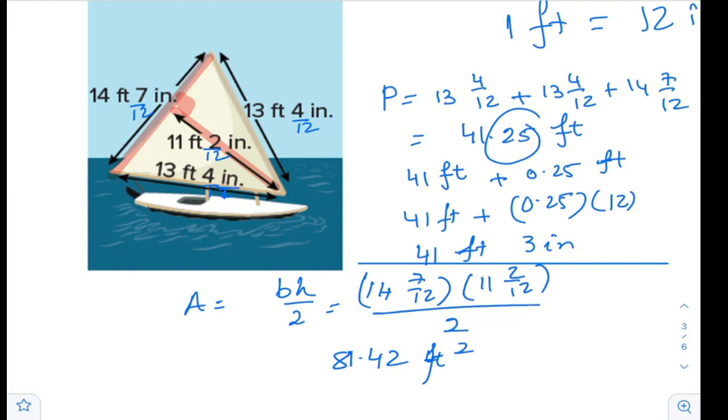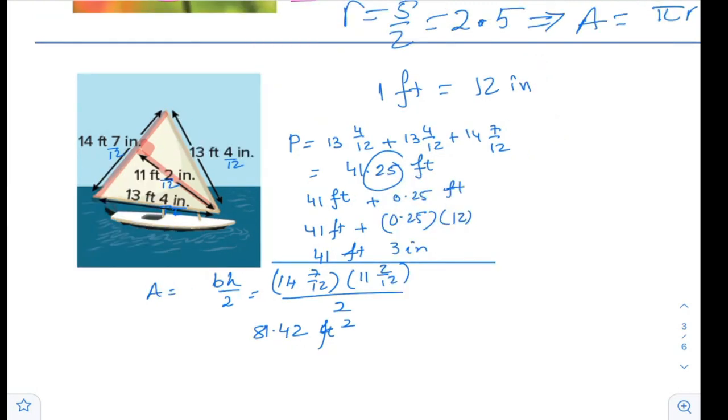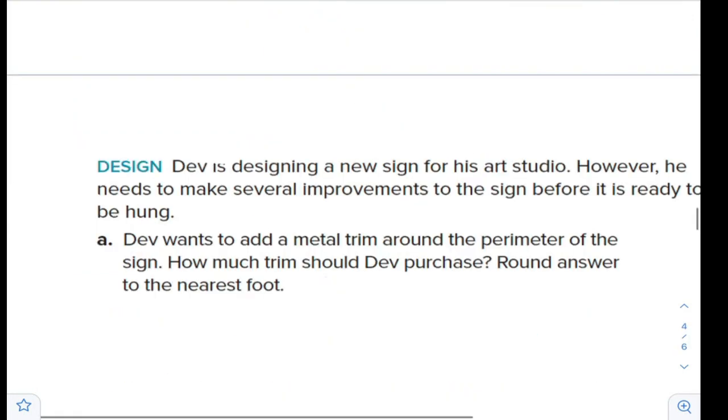Leave it as it is, feet squared. This is the area of this triangle. It's a good example, combining the conversion plus the area plus the perimeter.